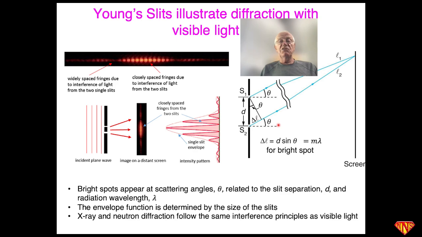We designate it as 2 theta, for reasons that you'll probably see during Efren's lecture tomorrow. But be careful of that one, because you'll see that this equation, which will become Bragg's law for X-ray and neutron diffraction, isn't quite the same. But the physics of how we get there is the same as for this Young's 2-slit experiment.